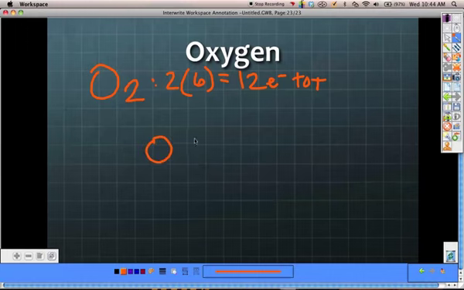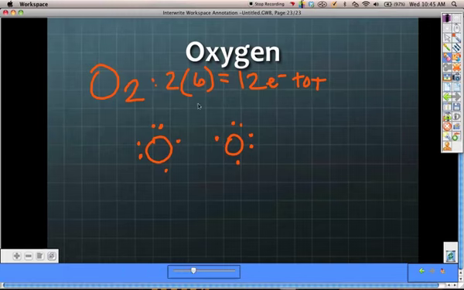So I can start drawing it out. 1, 2, 3, 4, 5, ooh, and 6. 1, 2, 3, 4, 5, and 6.